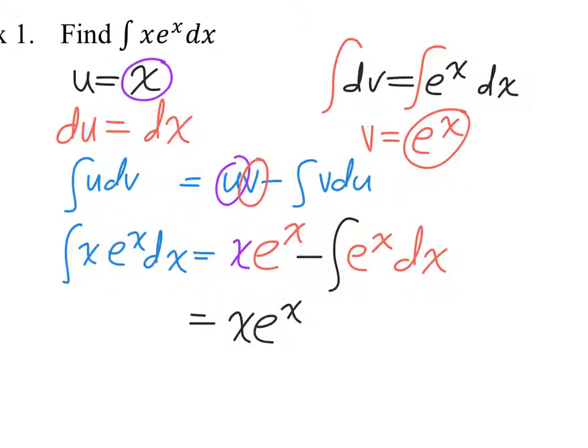So x e to the x minus, then I just need the antiderivative of this, which is e to the x, plus c, and that's it.